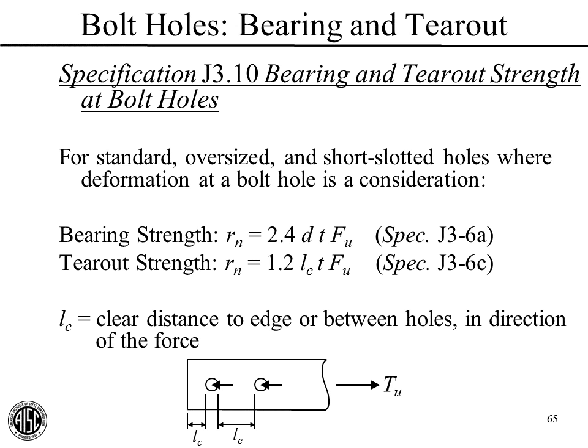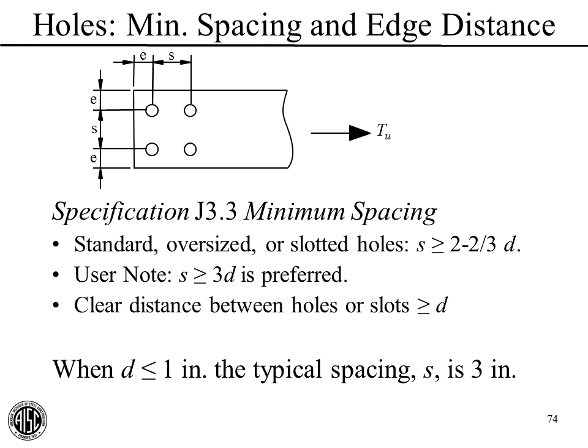All right. Next question. So here talking about spacing of bolt holes. Can you clarify what is meant by the clear distance between the holes versus S, the spacing? Okay, S is the center-to-center dimension, whereas the clear distance is the distance between the bolt holes.